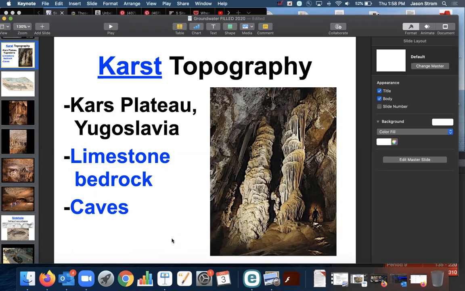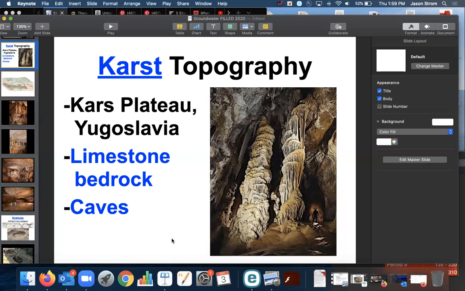There are a lot of places in the United States that have karst topography, and Indiana is one of them, because we have limestone bedrock. As a result of having limestone bedrock, we have cave formation, especially when you get into southern Indiana and then on down into Kentucky. There are a lot of caves.